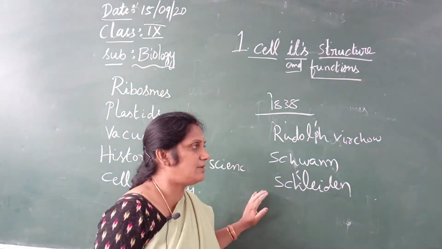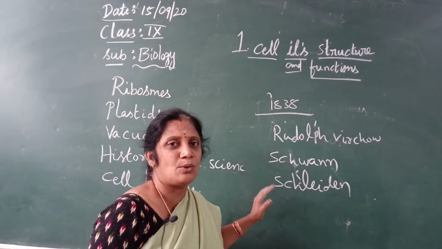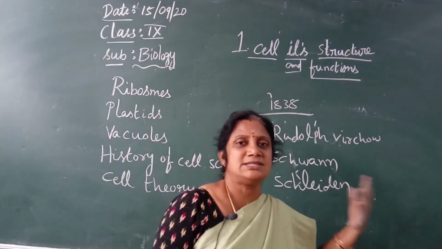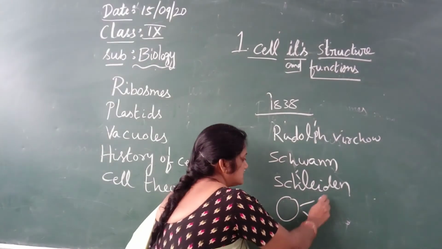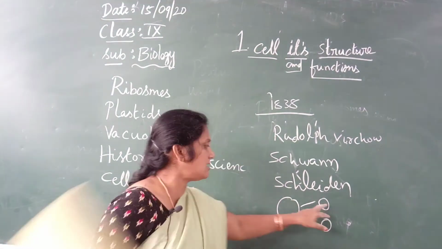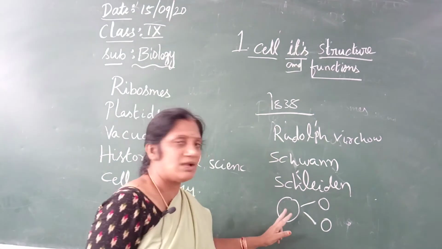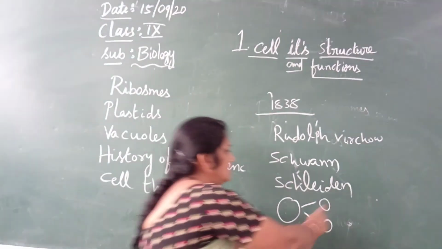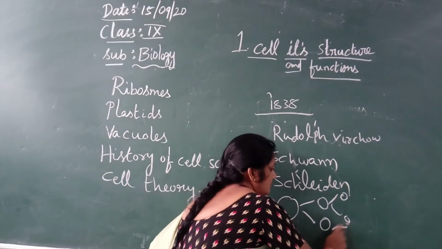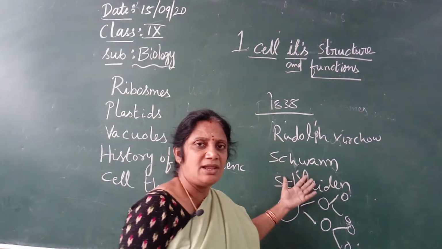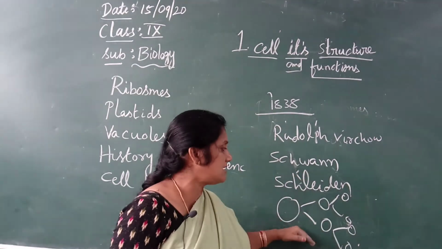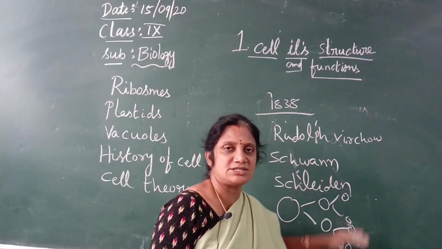The second statement is that all cells originate from pre-existing cells. One cell is divided into two cells, so these two cells originated from this one cell, and from these, another two cells. That's why all cells originate from pre-existing cells.